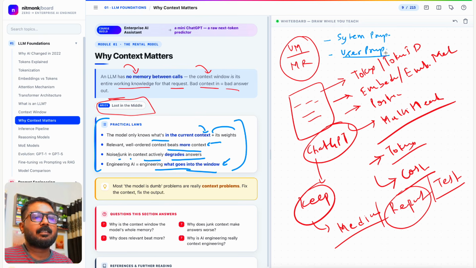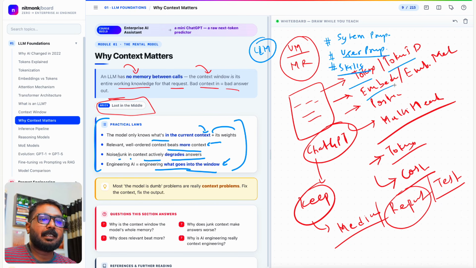That goes to the LLM, because once you send the user prompt, system prompt, and even skills, like the Claude MD, skills.md or learning.md files that we generate with Claude or Codex, all of these go inside the LLM. Then the same things happen: it has to become tokens, then token IDs, then embedding matrices, then vectors, then positional encoding, then multi-head attention, and it tries to understand.